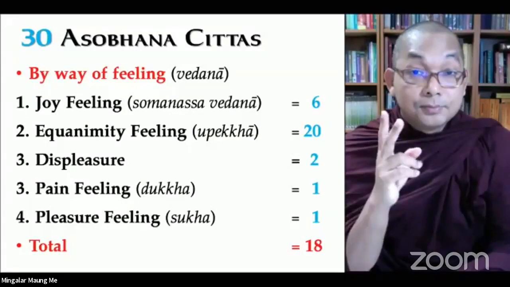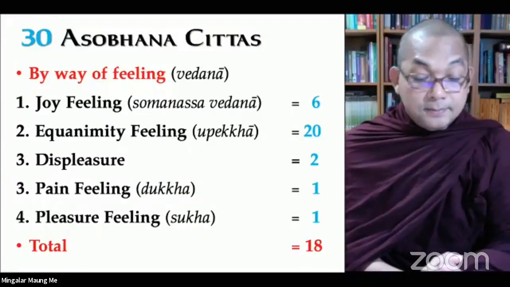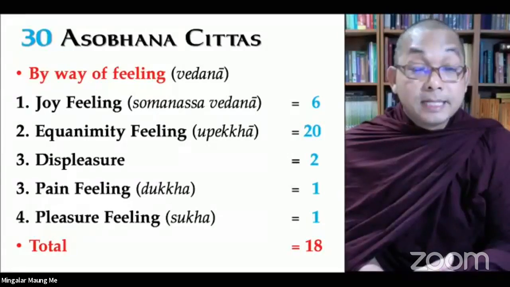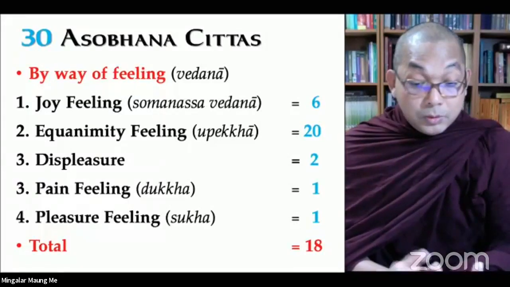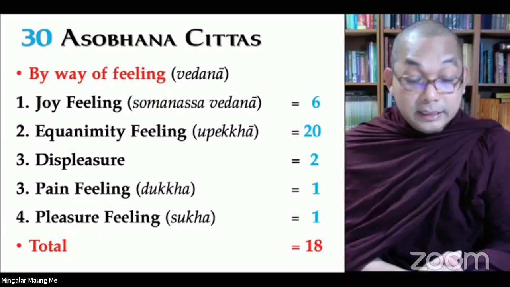So nothing will be added. 2 displeasure feelings are nothing but 2 dosa mula chittas. So we have only 1 pain feeling, which we already learned in the ahetuka chitta.